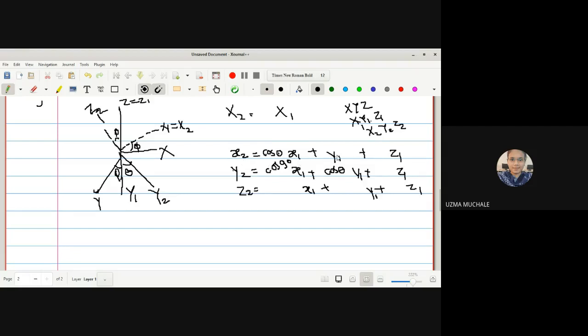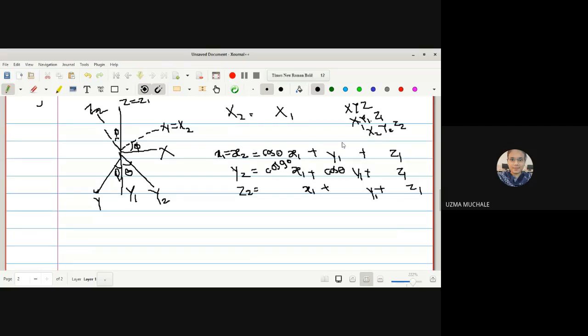Angle between x2 and y1. What is the angle between x2 and y1? Assuming x2 is nothing but your x1, no? What is x2? x2 is nothing but your x1. If you are confused somewhere, here you can write with the pencil x1 is equal to x2. So in this second transformation, the x axis is fixed, right?